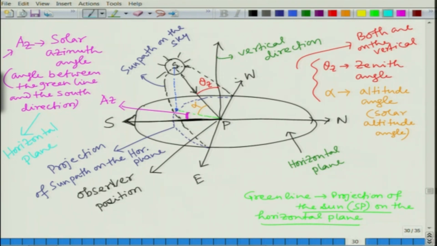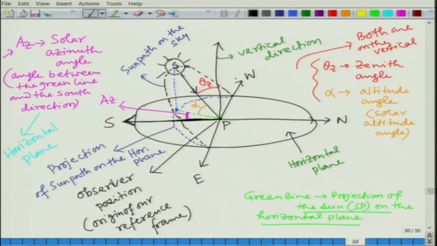Okay. So, this is a very important figure where we have taken the observer at the origin of the reference frame. So, here the observer position is the origin of our reference frame. And the horizontal plane is what we have, and the vertical direction, and we have determined the solar position by three angles.